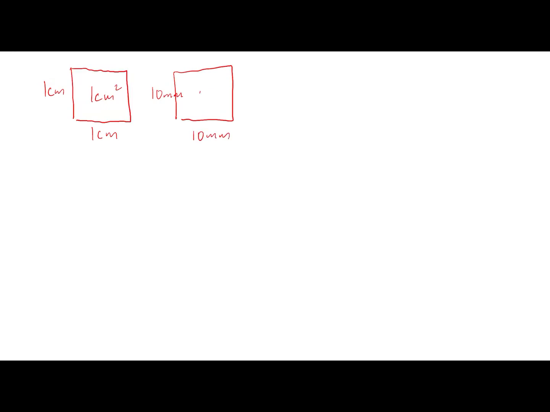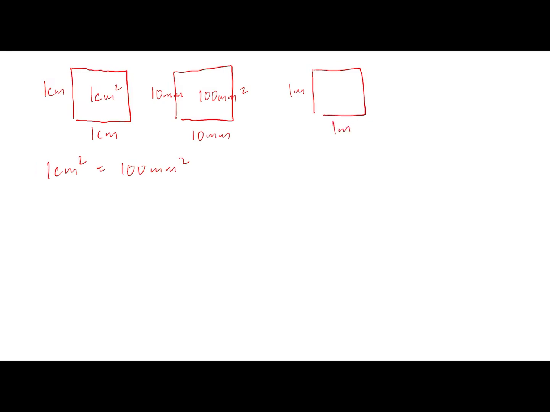So the area of this square is 100 millimetres squared. But it's the same square. So that must mean 1 centimetre squared is equal to 100 millimetres squared.